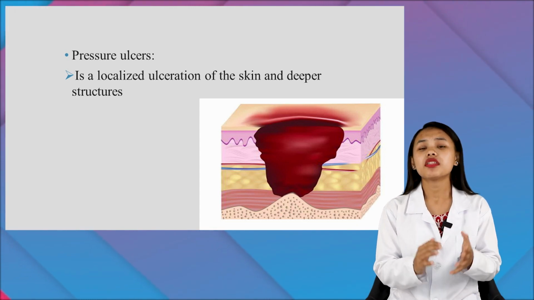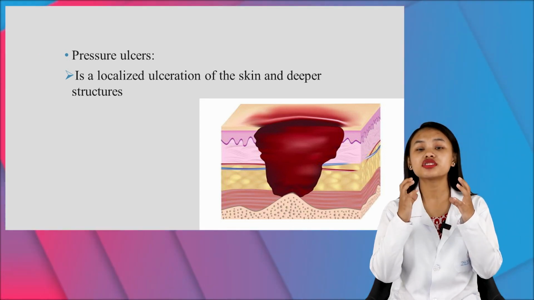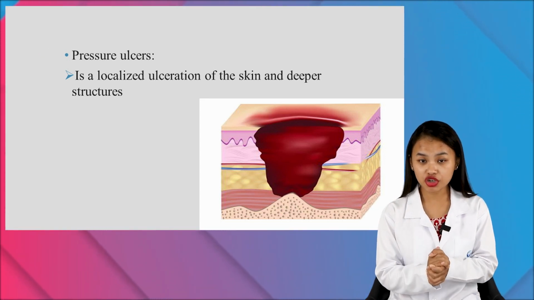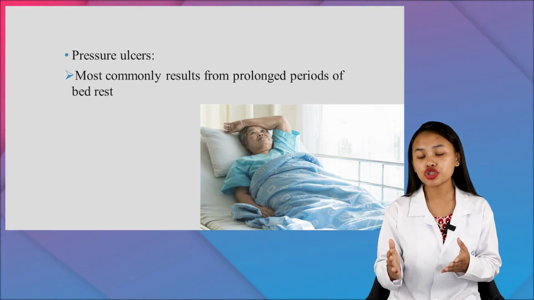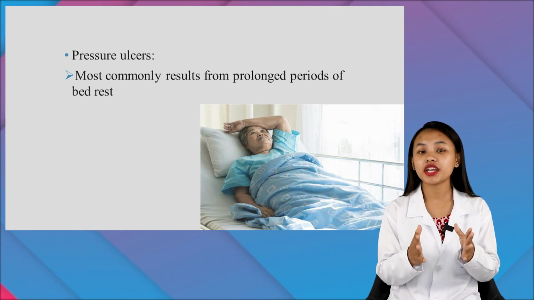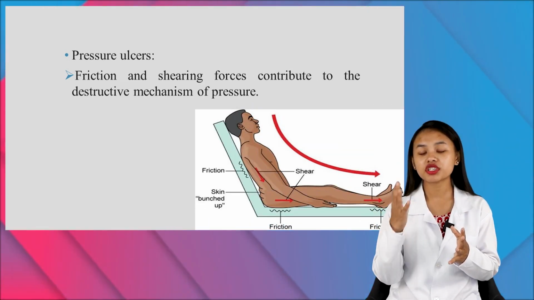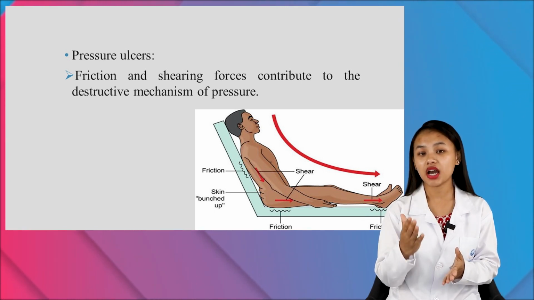So here, this pressure ulcer is a localized ulceration of the skin or the deeper structure. This mainly occurs in those patients who are confined to bed. Friction and shearing forces contribute to the risk factors of developing the ulcer.